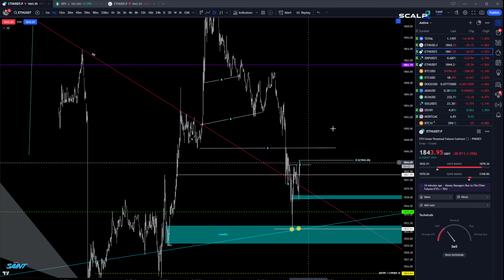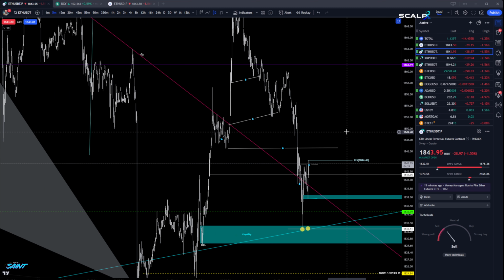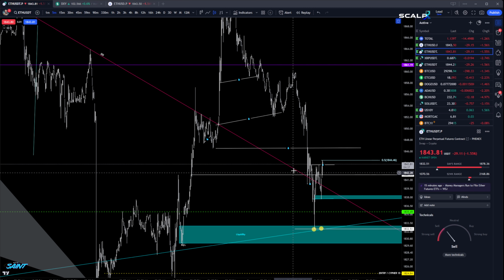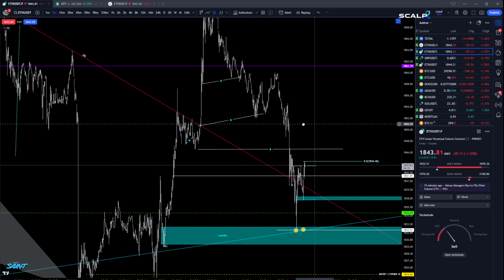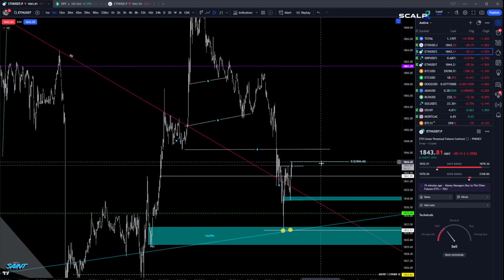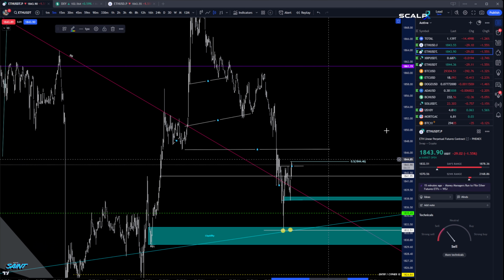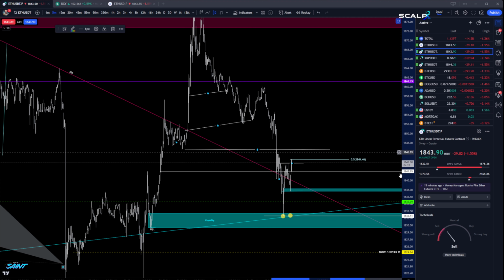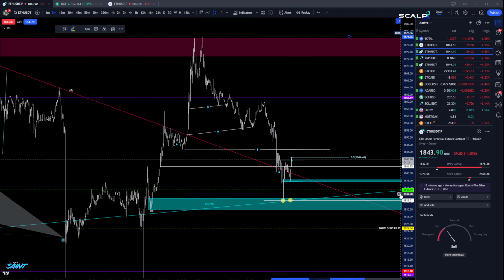It's going to be a hard area to hold. Remember, that's where this fib is measured from.